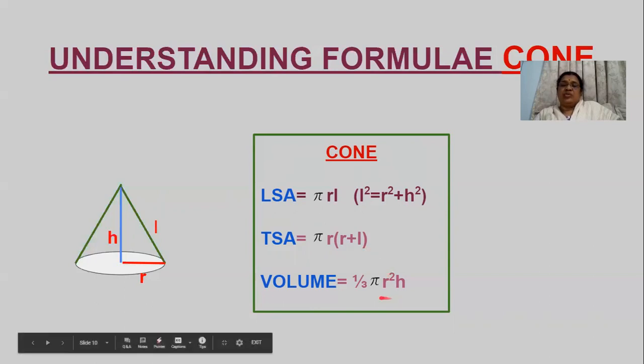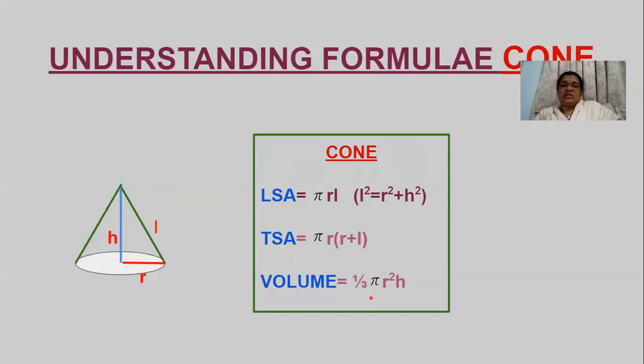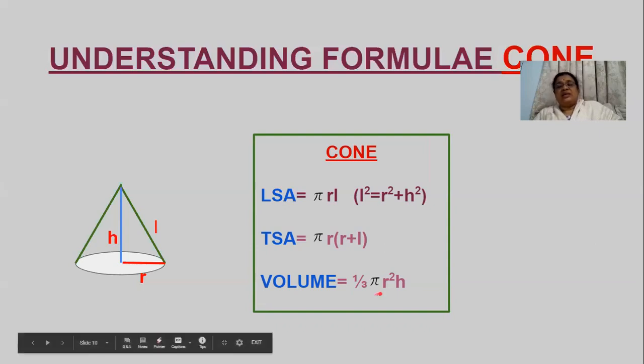And volume here: is there any connection between the volume of a cylinder and the volume of a cone? Both formulae look the same, but in the cone there is 1/3 added. This is because the cone volume will be 1/3 of the volume of the cylinder, if the height and radius of both are equal.